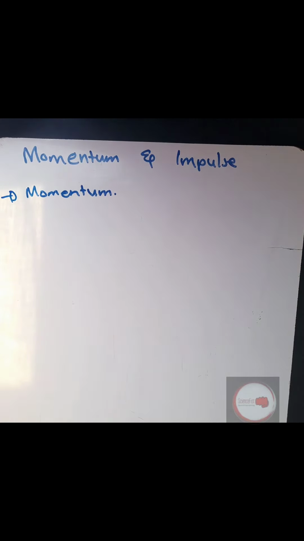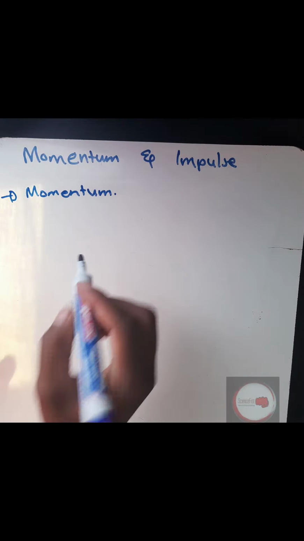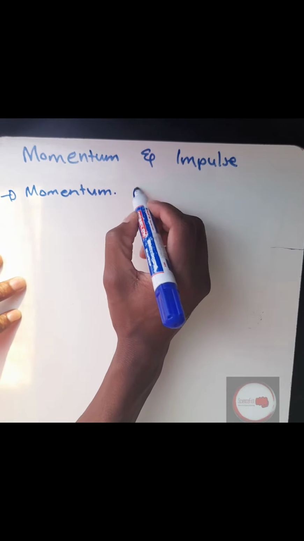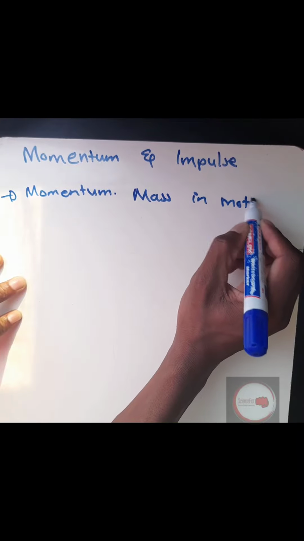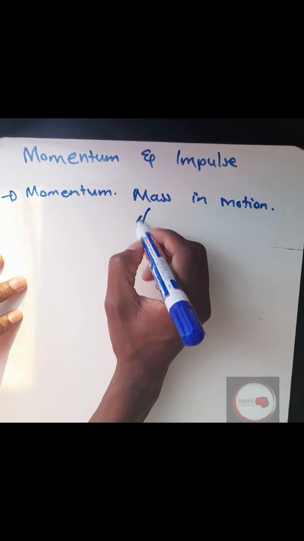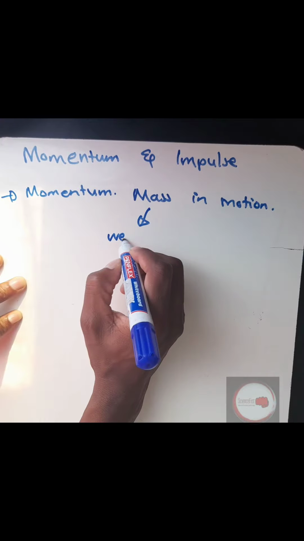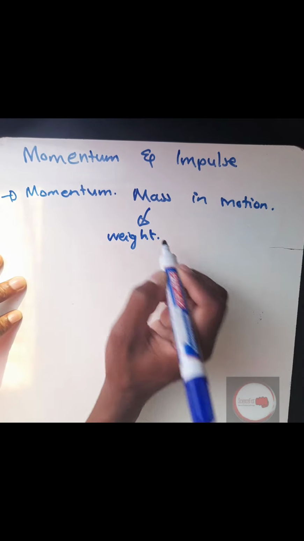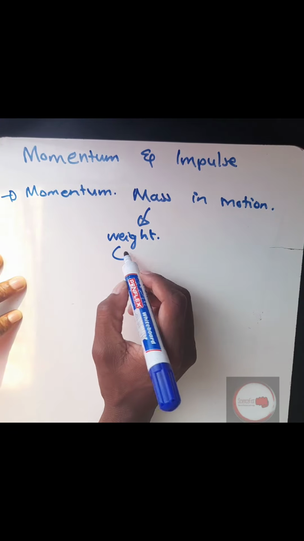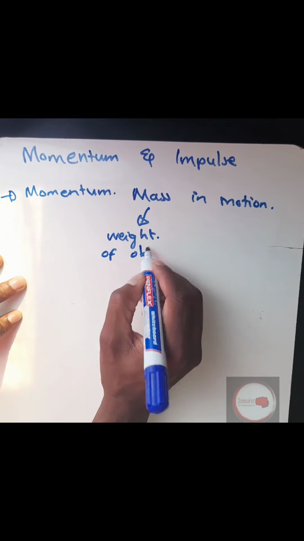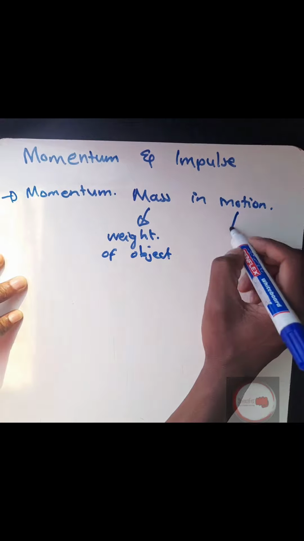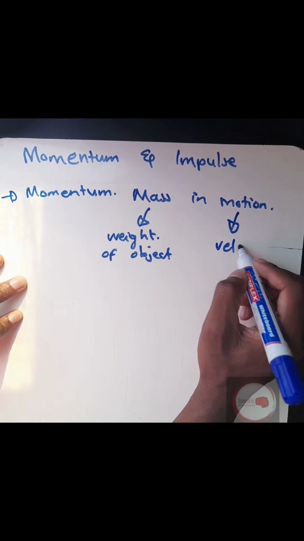So momentum, this is basically mass in motion. So mass, we'll be looking at the weight of the object, and then motion would be the velocity, right?